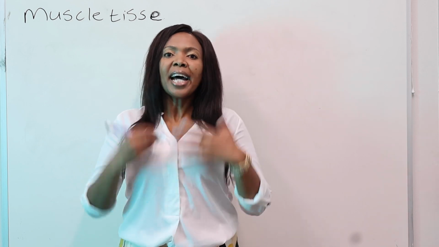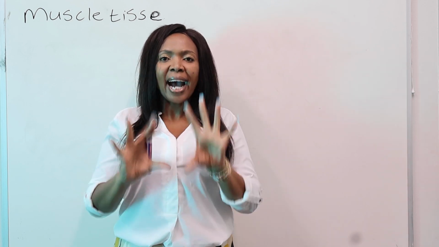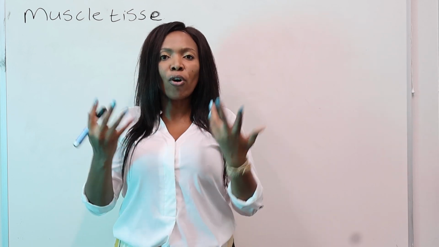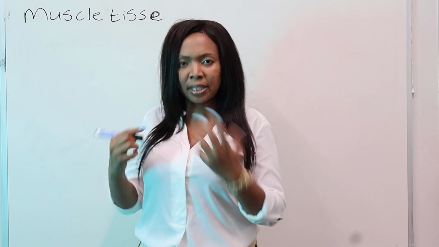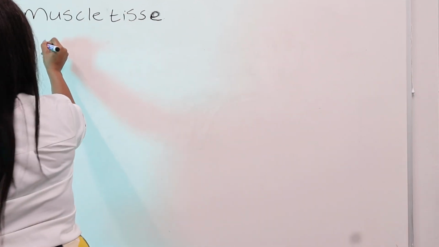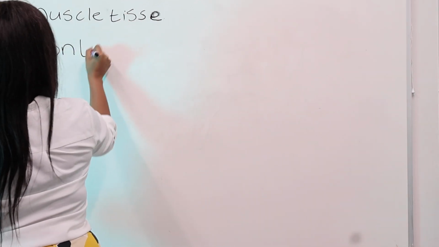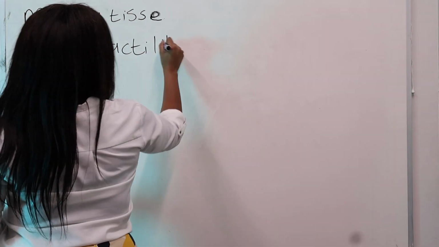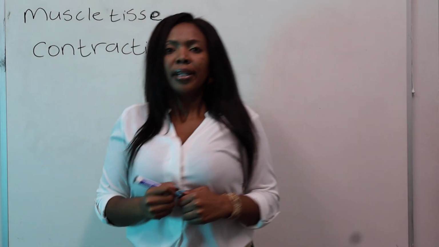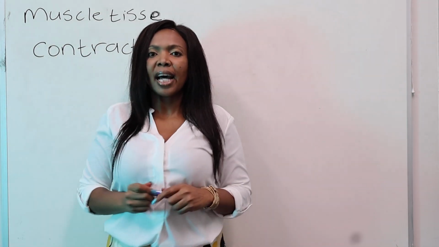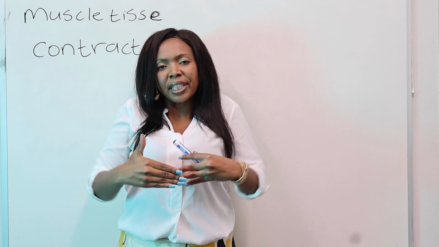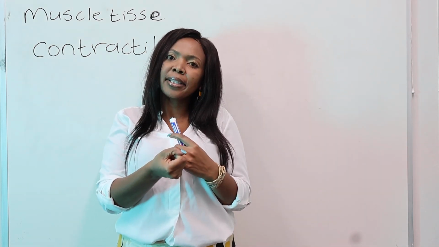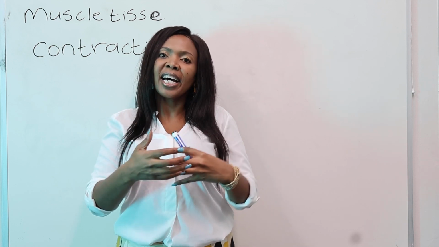Now, let us get to the characteristics of muscles. What are the important characteristics of muscles? The first one, contractility. This means the muscles are able to shorten to a small length, which is not their ordinary length.